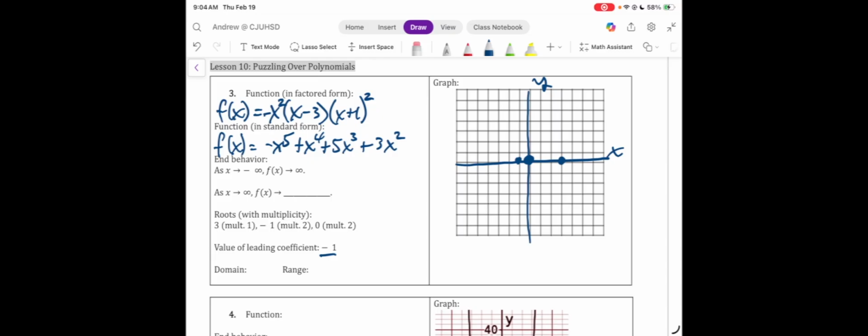So being odd degree, if you go to the left, it says you're coming from above, coming down here, and as you go through the root at -1, since it has a multiplicity of 2, it's going to bounce off of this root, come back up, and then immediately go back down to this root at 0, but that has a multiplicity of 2, so you're going to bounce up off of that, turn around somewhere, and then you're going to go through the root at 3.